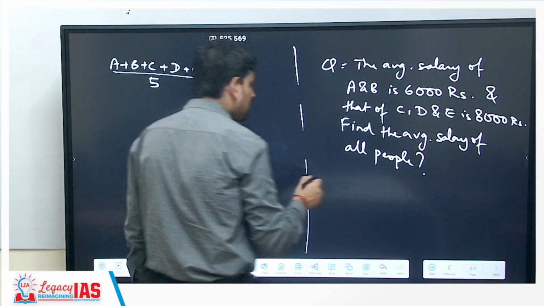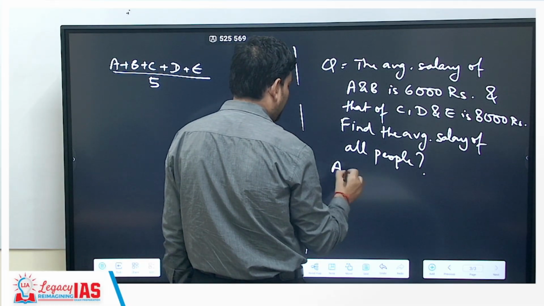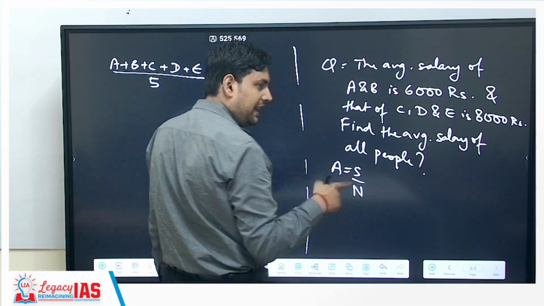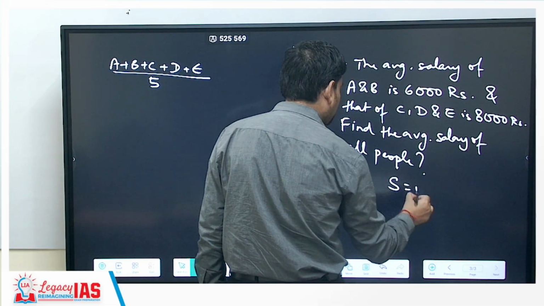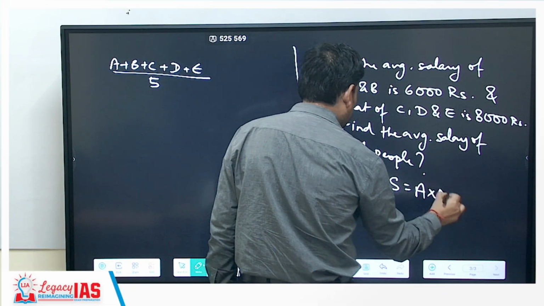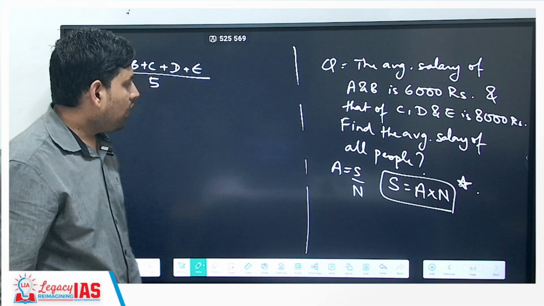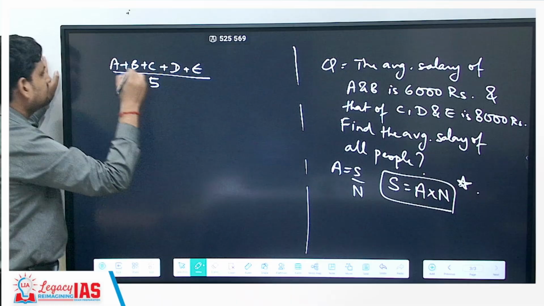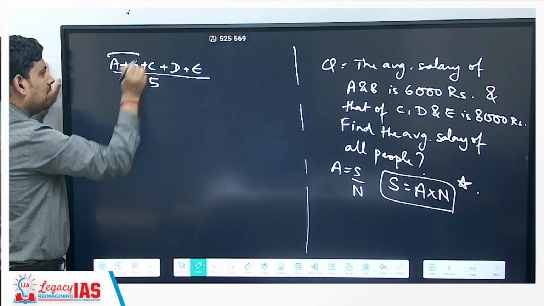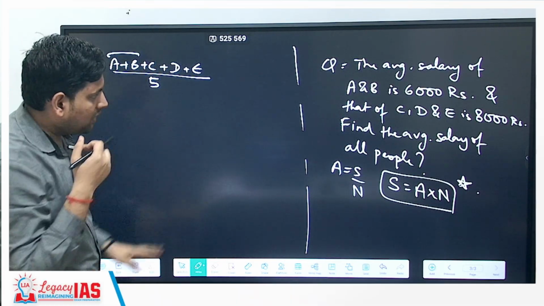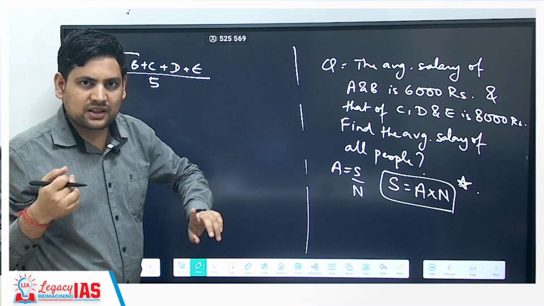Now, I told you that apart from average is equals to sum upon number, another form that you should remember is sum is equals to average into number. And this is what we'll be using now. Now observe. The sum of A plus B is given to you in some way. What is given? The average of A and B is 6,000.